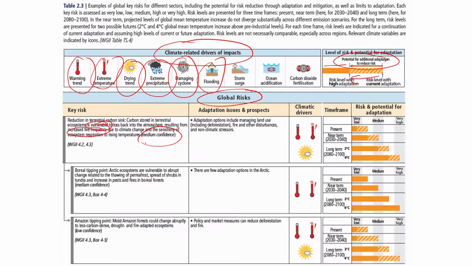So here the confidence in these is minimum. At present the risk is low. In the near term it obviously increases, and you can see that there is already potential for adaptation.